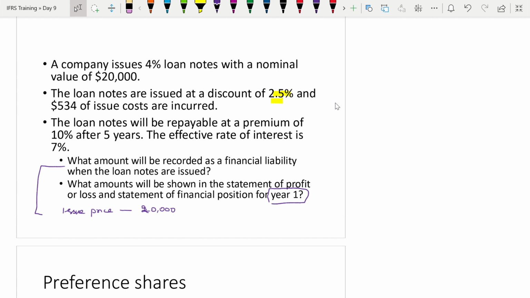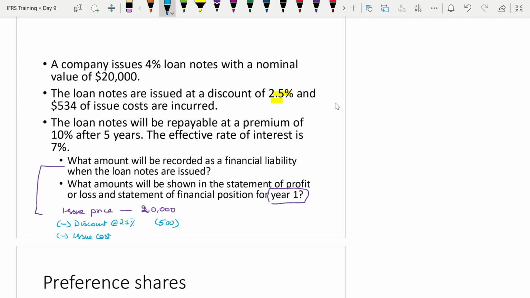Next, anything else? We have to deduct the discount amount. How much is the discount at the rate of 2.5%? 500, good. We have to deduct the issue cost also.